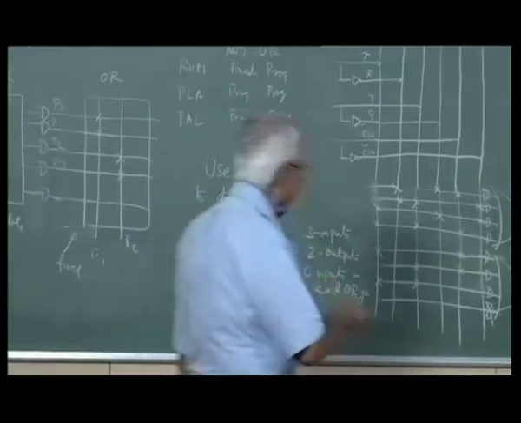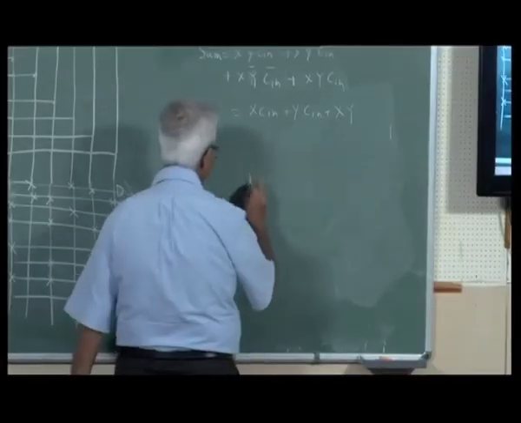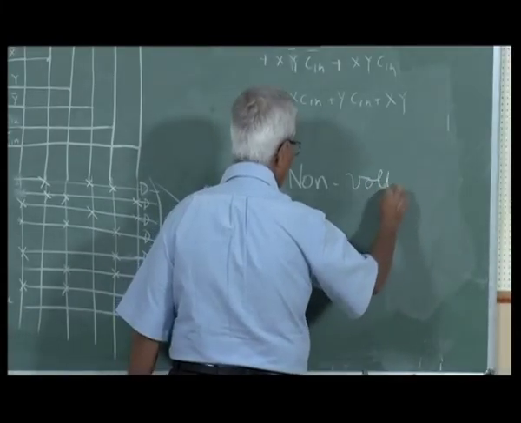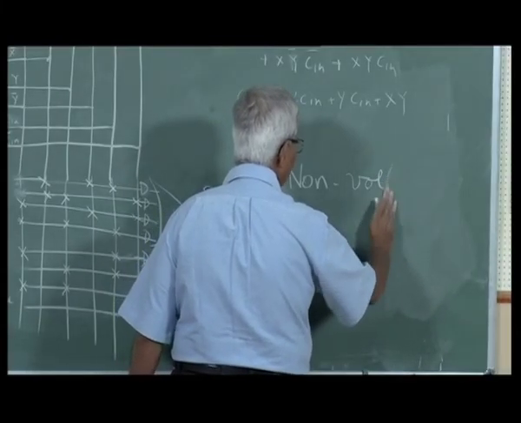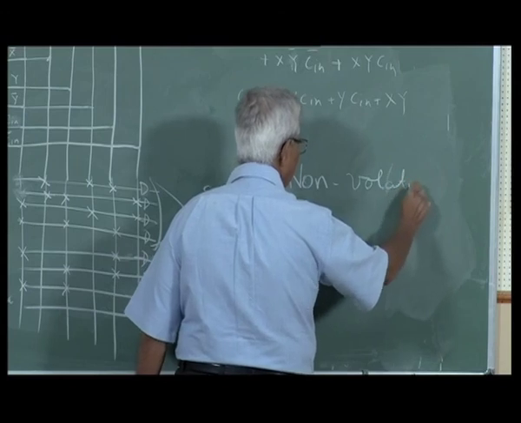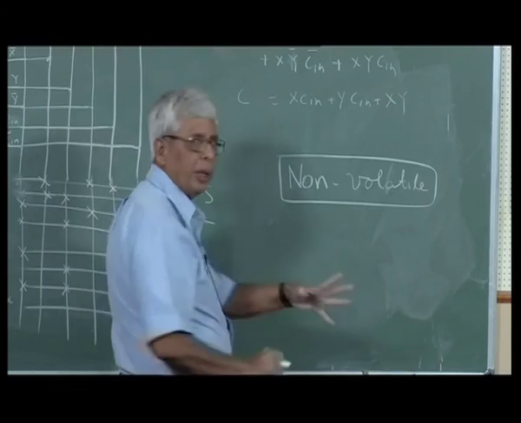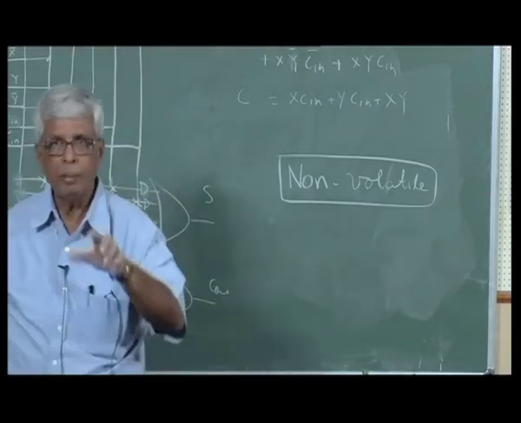I am going to come back to memory later on. This is not a memory discussion. What is non-volatile? It does not disappear, it remains even after power is gone.